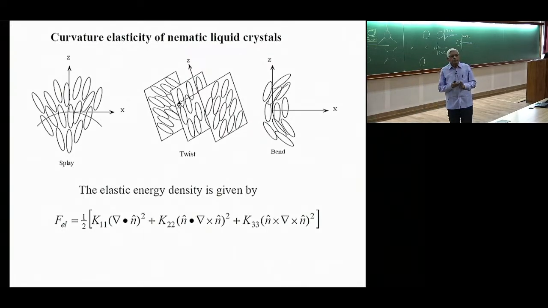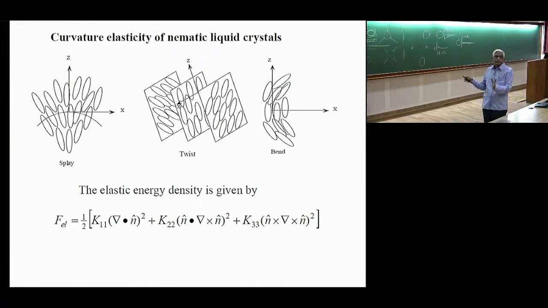One is the divergence of n, which is itself a scalar. Then you have curl of n, which itself is a vector. So you can either have n parallel to the curl of n, that defines the twist distortion, or n perpendicular to the curl of n, that defines the bend distortion.